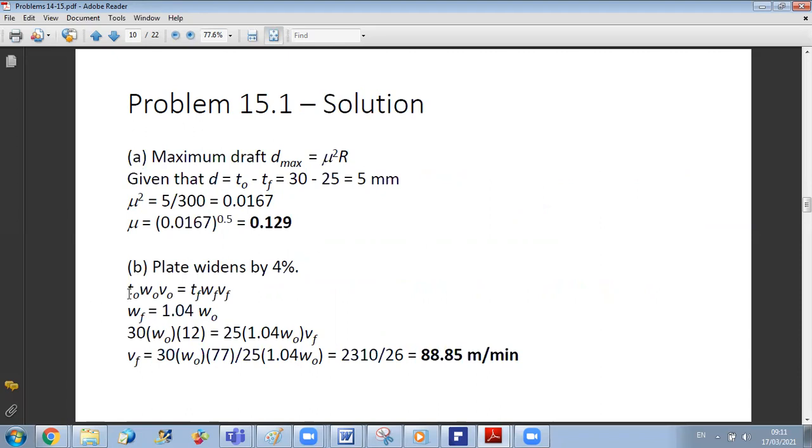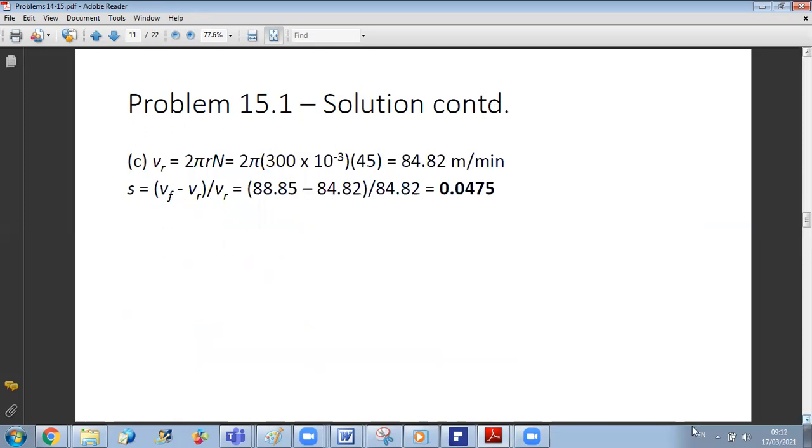Then using the conservation of volume equation, we got the value of V final, and its unit is like V inlet, meters per minute. And finally, to get the linear velocity of rolling, it's 2 pi R n, and since n is in revolutions per minute and we didn't divide by 60, we got the result in meters per minute. And finally, we applied the formula of the forward slip.